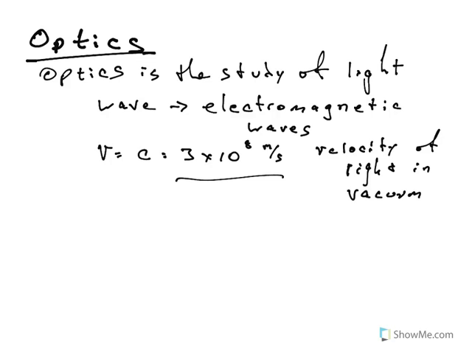So the first thing we're going to want to discuss about light, at least the first big topic that will allow us to do some calculations, is called polarization. So as I said, light is a wave, and it's composed of an electric field and a magnetic field oscillating perpendicular to each other as the light propagates.